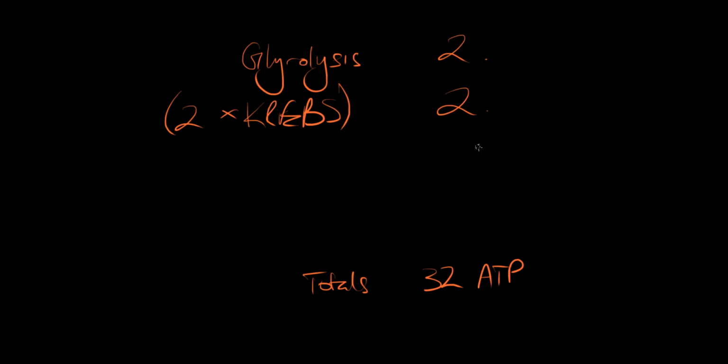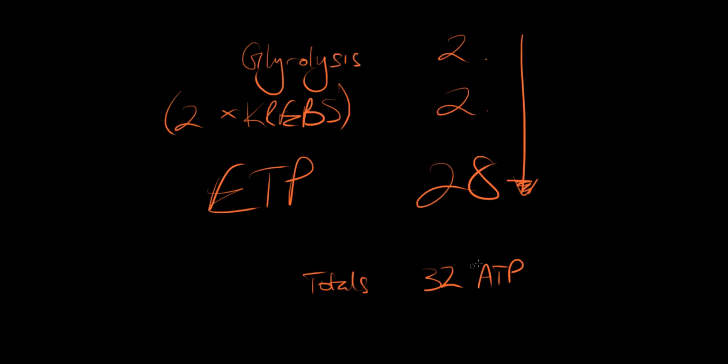And you'll get the remainder in the ETC. So you get about 28 ATP molecules formed from oxidative phosphorylation, and those add up to 32 ATP molecules in total, which is a very high energy yield for aerobic respiration. I'll quickly do another video on anaerobic respiration, and you'll see why aerobic respiration is far superior to anaerobic respiration in all accounts.